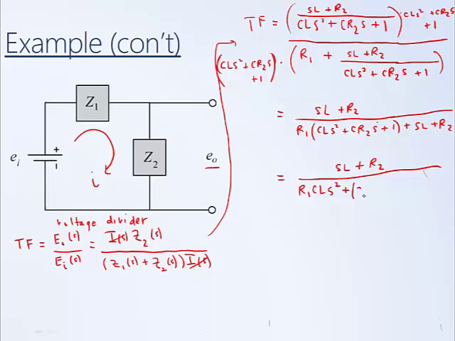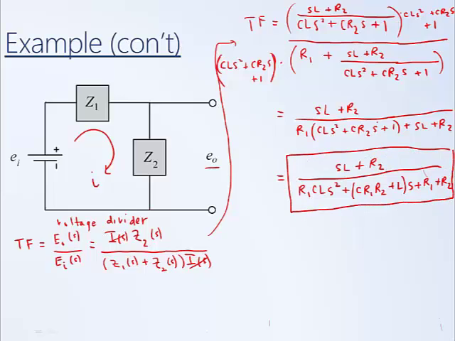So I have C times R1 times R2 plus L, where I factored out the S. And I distribute this R1 times 1, that'll be a constant, and then I'll have this R2, which is a constant. This is the final form of our transfer function.